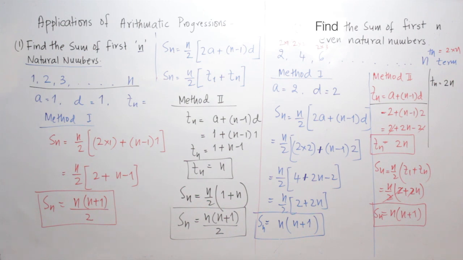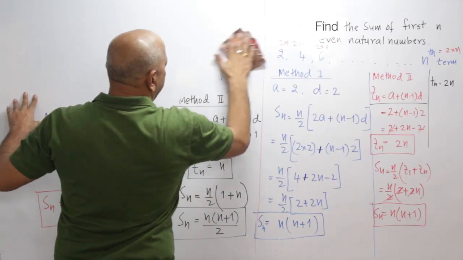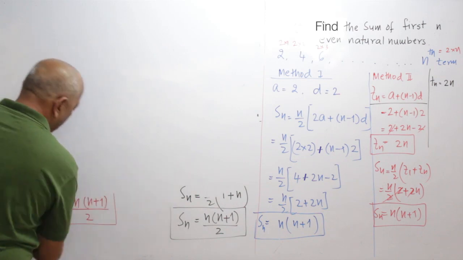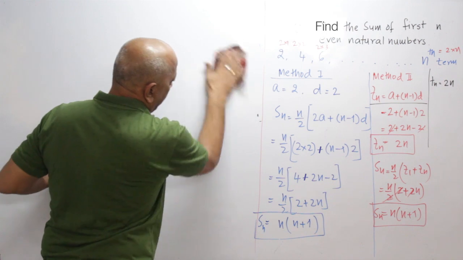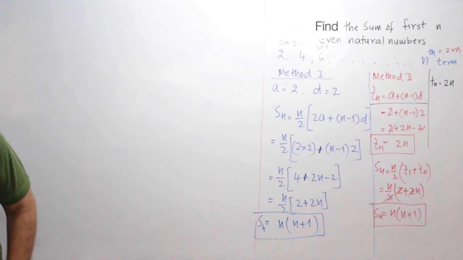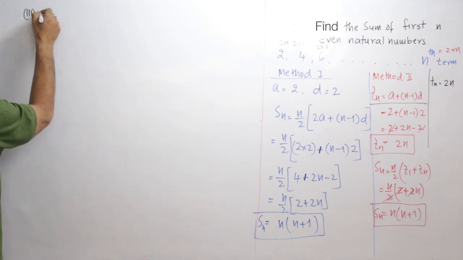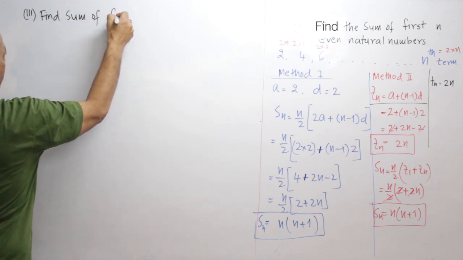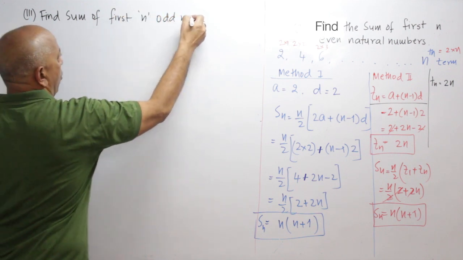If I give you a problem to determine the sum of the first n odd natural numbers, so third example: find the sum of the first n odd natural numbers.